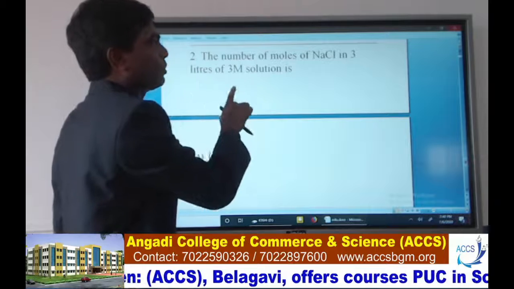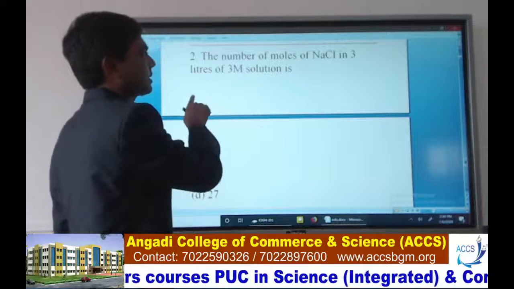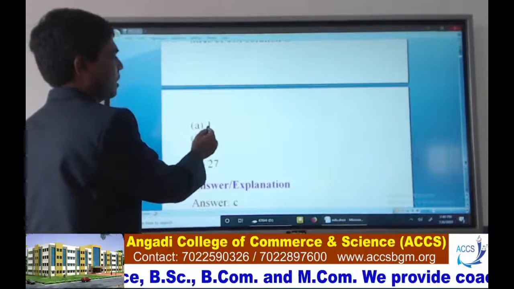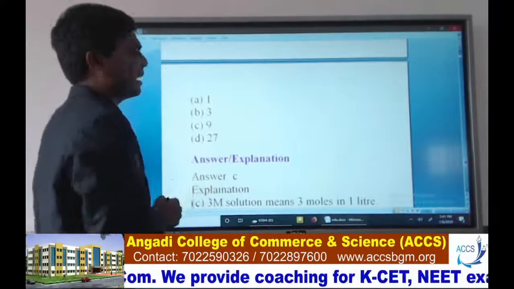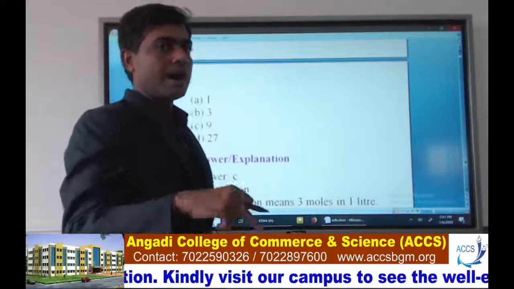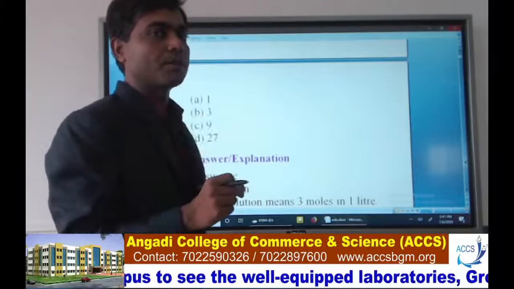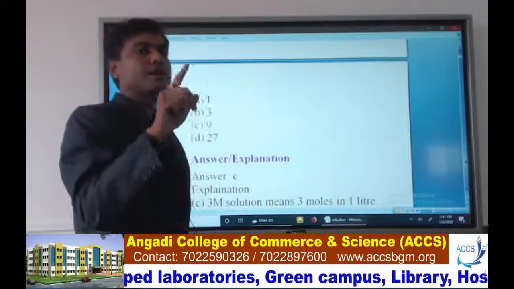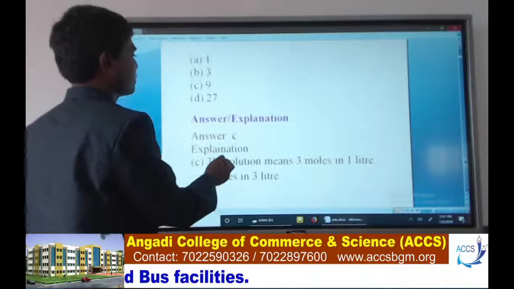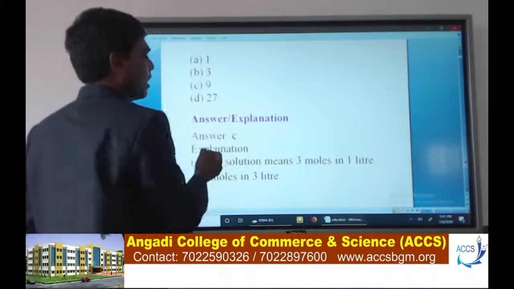The number of moles of NaCl in 3 liters of 3m solution is. Okay. Here the options given are 1, 3, 9 and 27. And again when he gives the concentration, he asks the number of moles. What is the formula? That is n is equal to C into V. Either you can go by that formula or you can refer this one. The answer is 9. How it came?